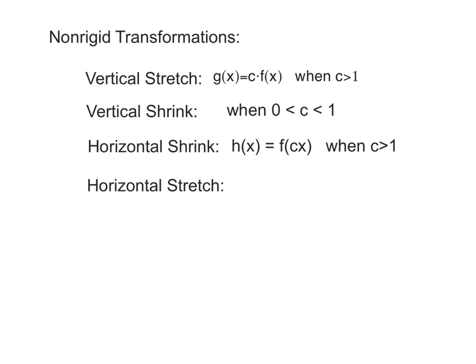Now, horizontal stretch, on the other hand, would occur using the same setup, but now c, instead of being greater than 1, would be between 0 and 1. So if c is a fraction, f of that fractional number times x, you'd plug in a fraction times x in place of x, you would get horizontal stretch.